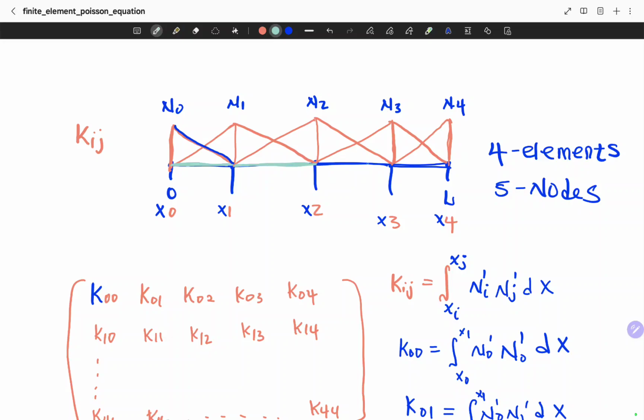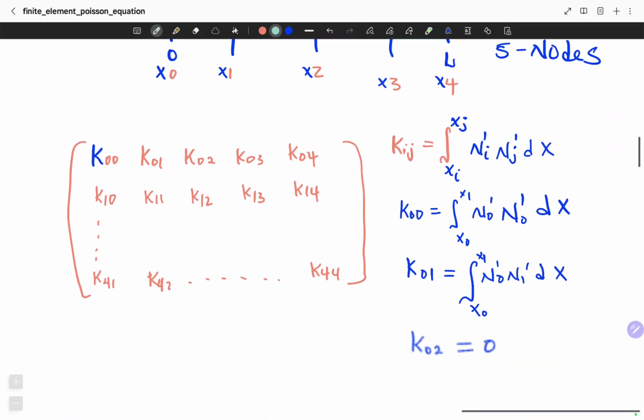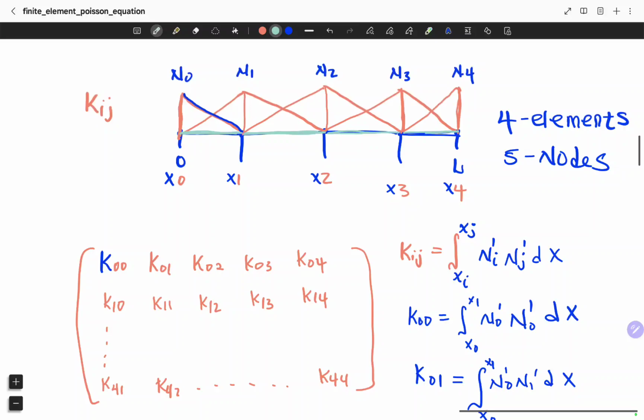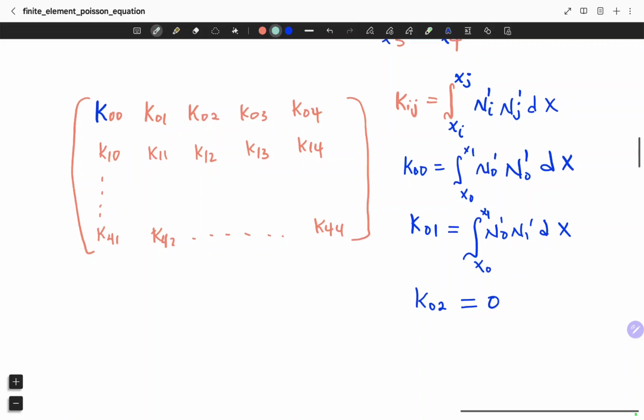But you cannot have k13 because 3 is far. But you can have k23. You can have k34, and that's how it goes. So some of the elements will be 0. For example, k14 would be 0 because 1 and 4 are not close, and that's how you build a matrix.